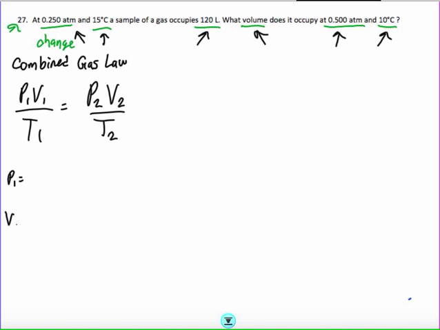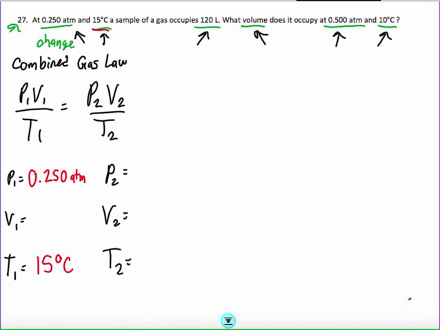P1 equals, V1 equals, T1 equals, P2 equals, V2 equals, and T2 equals. P1 is 0.250 atmospheres. 15 degrees Celsius is going to be T1. V1 is 120 liters. P2 is 0.500 atmospheres. T2 is 10 degrees Celsius, and V2 is what we're trying to find.